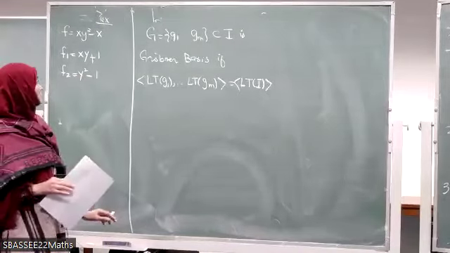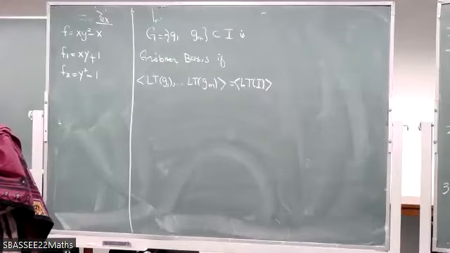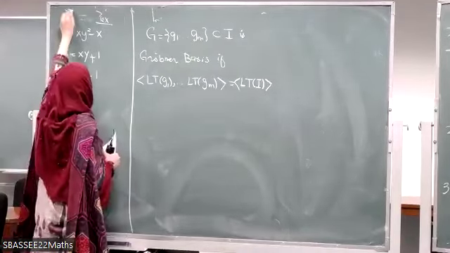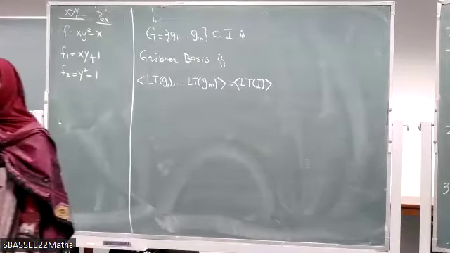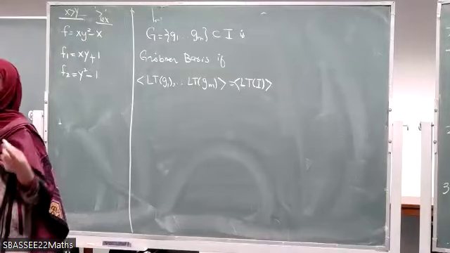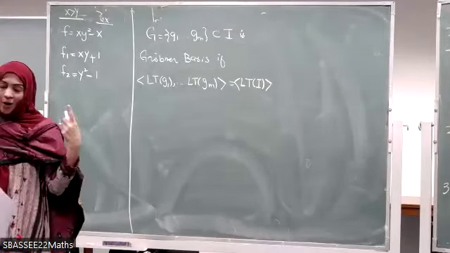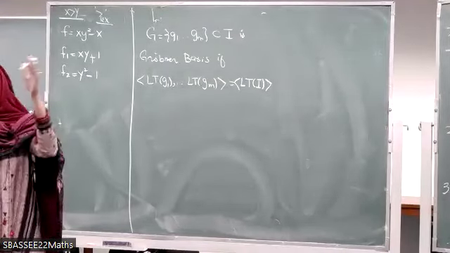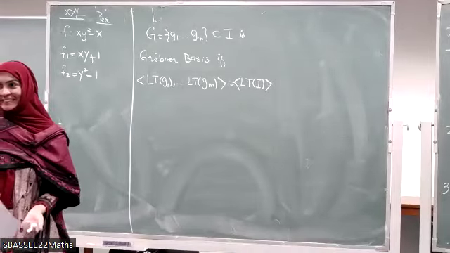Ordering between the variables: which one is bigger? Yes, X is greater than Y. Because it is lexicographic, X is always greater than Y, and Y is always greater than Z.